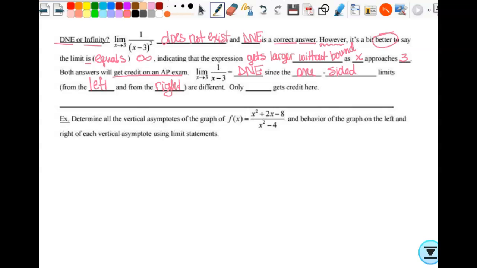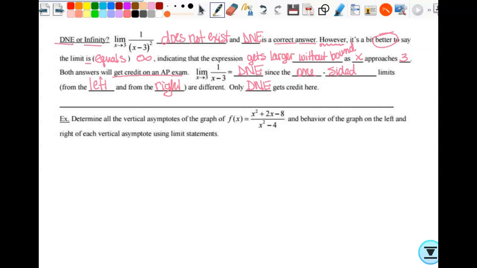Okay, so that one, this isn't the one we just did, this is the one we did before that. That one was does not exist because from the left and the right they were different. One was positive infinity, one was negative infinity. So D and E is the only correct answer here. Only D and E is going to get credit.